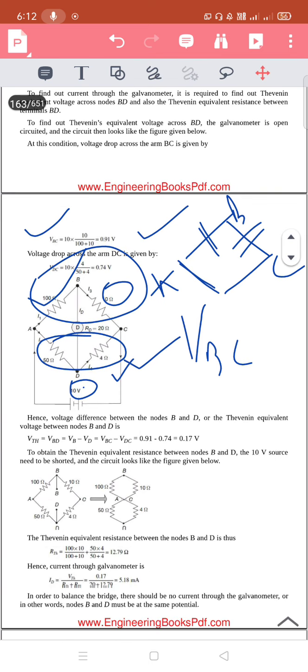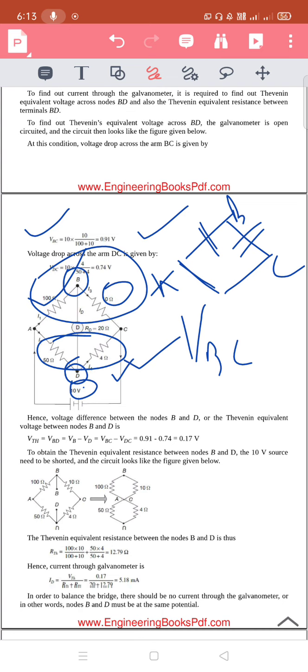Then we have to find the Thevenin's voltage. How do we find the Thevenin's voltage across here? Thevenin's voltage across point B and point D. To find the Thevenin's voltage VTH, at point B we have voltage VB, and at point D voltage VD.